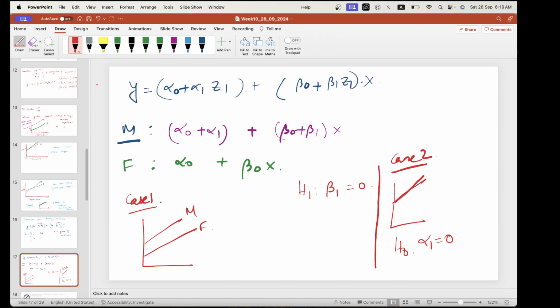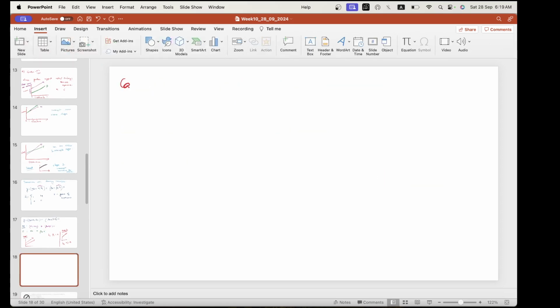Okay, and to test if both differ or not, we have to test for case 3, where we have something like this. Then the H naught is alpha 1 equal to beta 1 equal to 0.